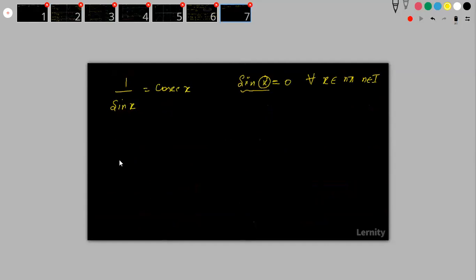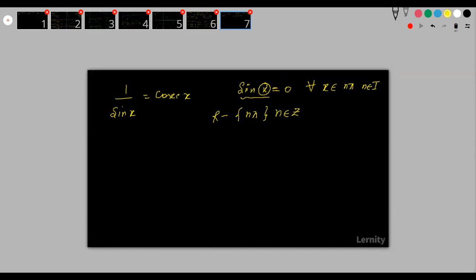I cannot take 1 by 0, so I will remove all those values from the domain of cosec x. So this will become R minus n pi, where n belongs to the integers. That is, all real values except n pi.